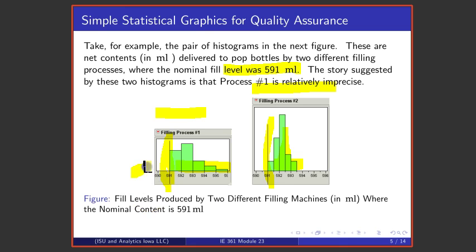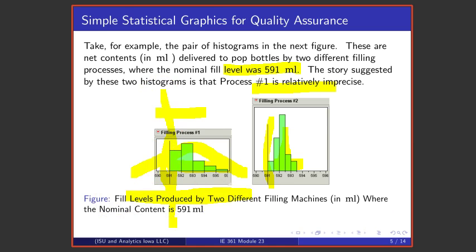It also looks like there's a bit of an odd shape here. It doesn't sort of go up and down like a bell-shaped distribution would go. It looks perhaps as if one had bottles that were filled according to this kind of a normal distribution, but there was some kind of sorting that has gone on.